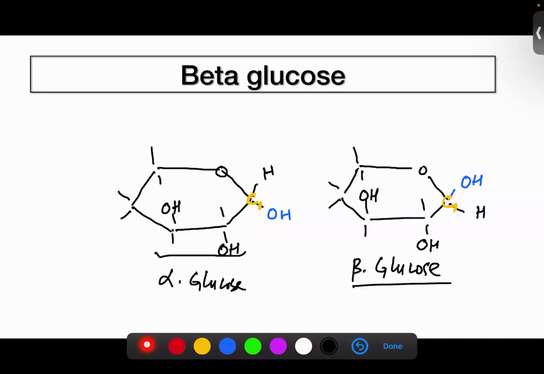And on carbon number 4, this is an OH group here, an H here. And you will have carbon number 6 here, carbon number 6 here. And this has an OH group here, hydrogen. Okay.